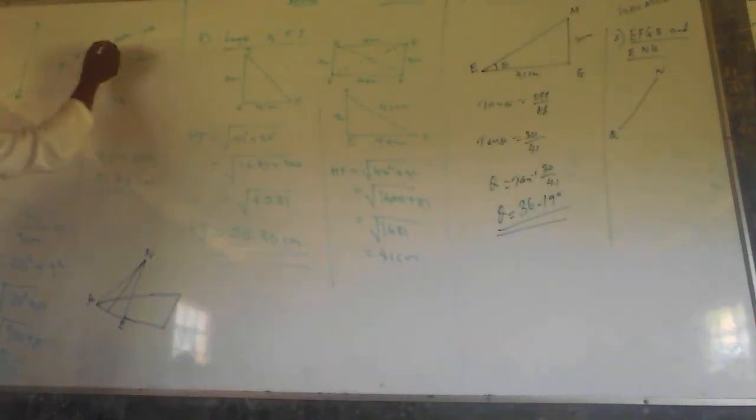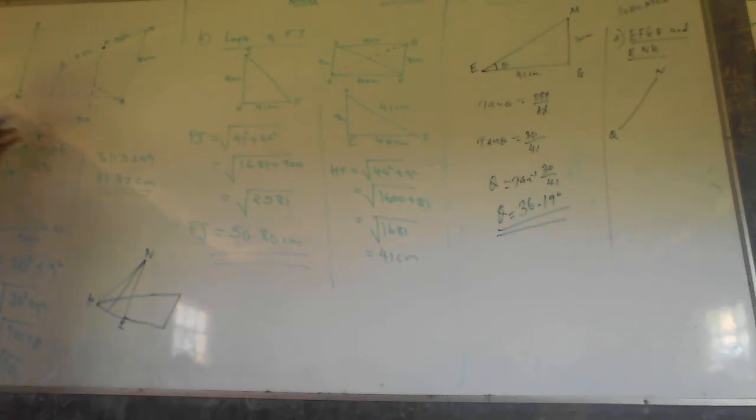Then from N, drop another line to meet the plane EFGH at a point L. And then we join like that. So the angle we are supposed to find is this angle. From that plane E, N, H, we drop not really a perpendicular, but a line of symmetry that is dividing.